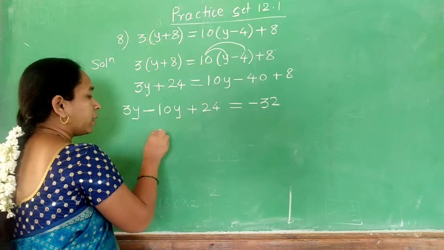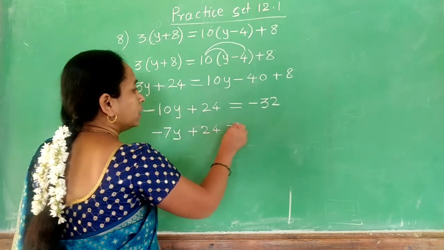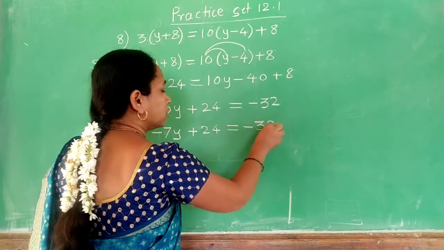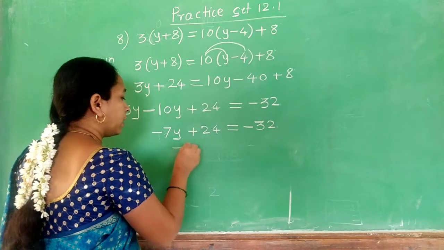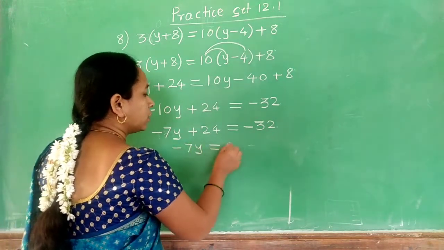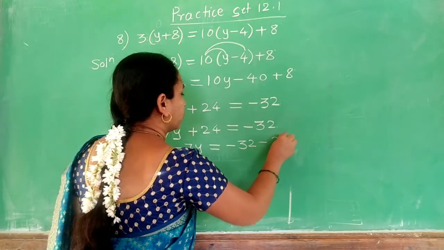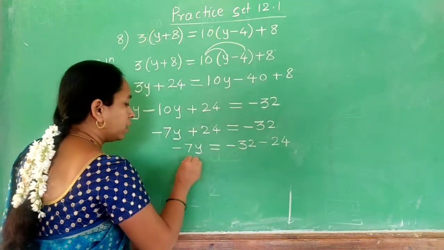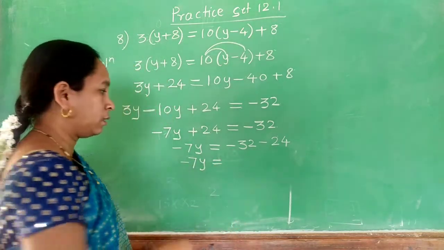3y minus 10y is minus 7y, plus 24 is equal to minus 32. 24 transfer it on that side. So minus 7y is equal to minus 32 minus 24. We can add this because they have the same sign.